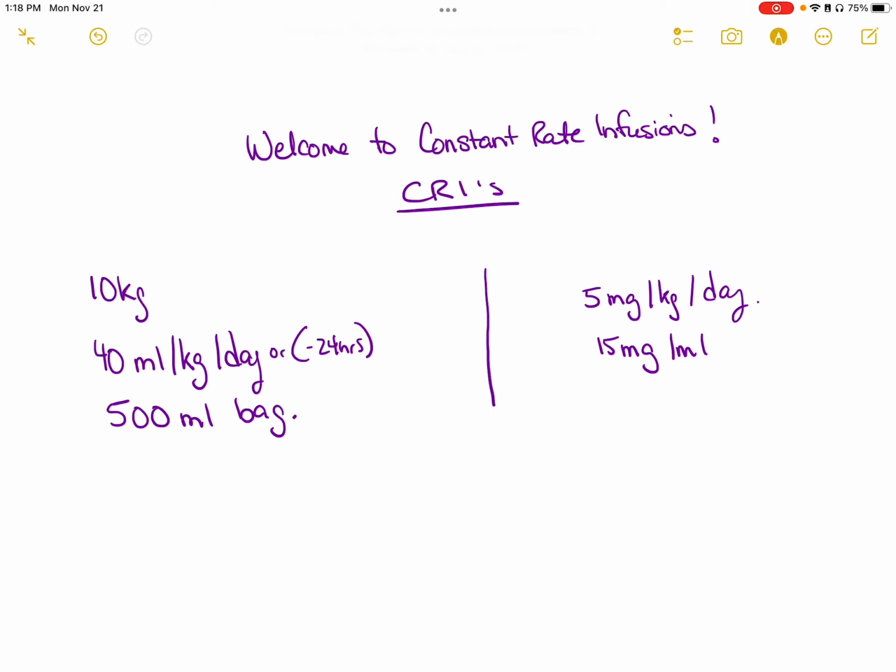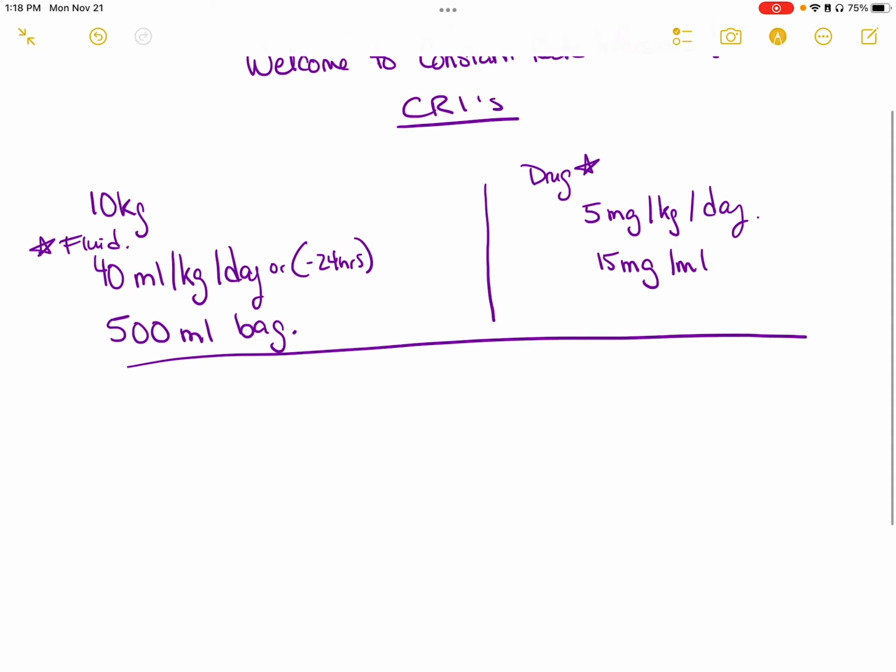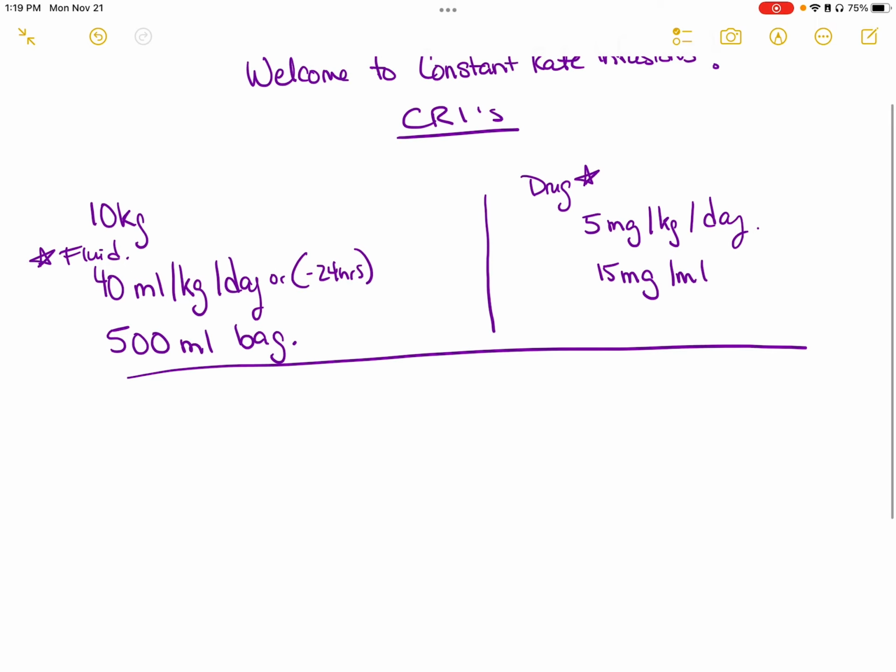Okay, all right, so let's start off first. You can see I've separated the information to make my life a lot easier. I've got my drug dosages over here, and I've got my fluids over here. For me, I like to start with my drugs to figure out how much I'm going to be giving in a 24-hour period.